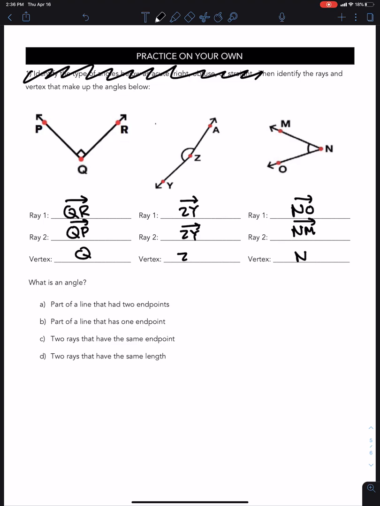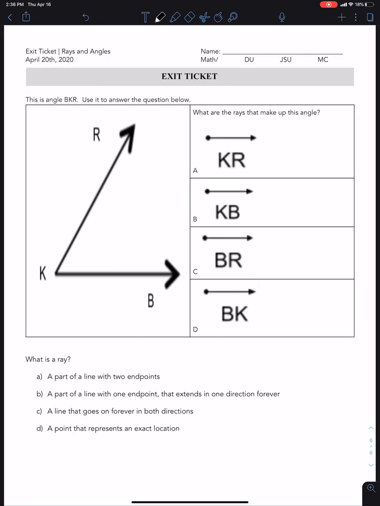An angle is part of it, two rays that have the same endpoint. The answer is C.